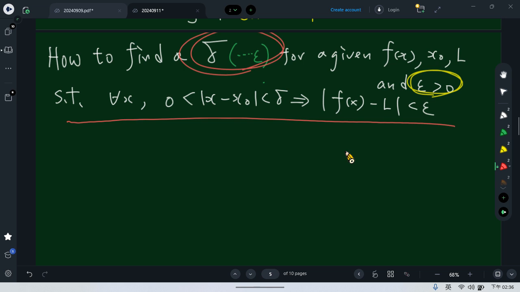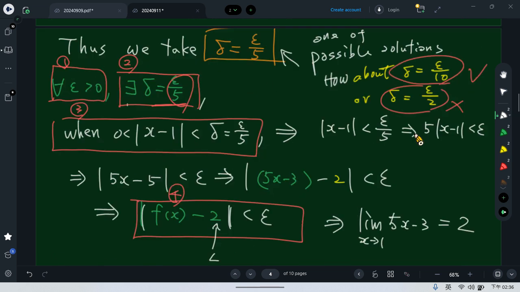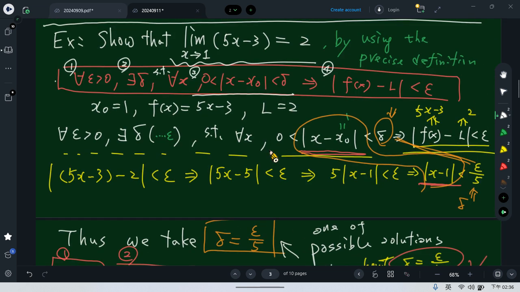So let me just show you two steps. Step one is, please just solve this first. So-called solve this first means, did you remember bottom up? This is the final result. We expect that will happen.